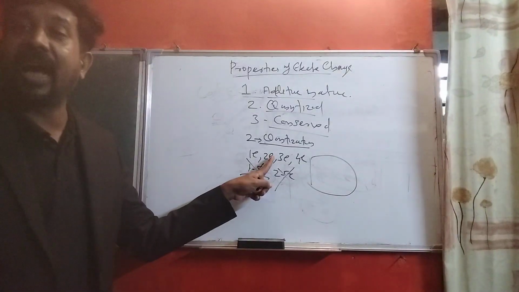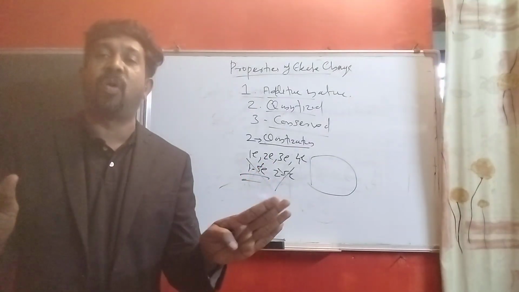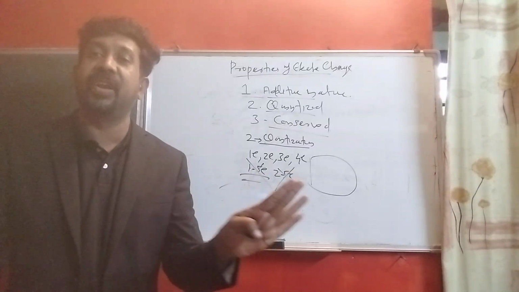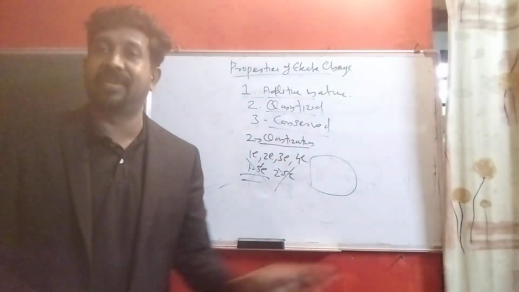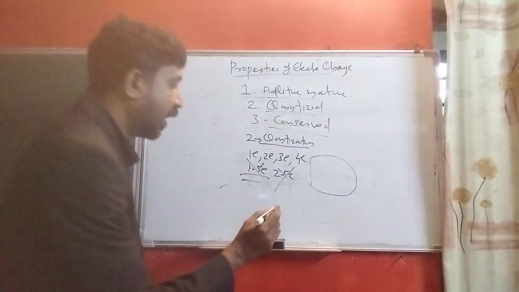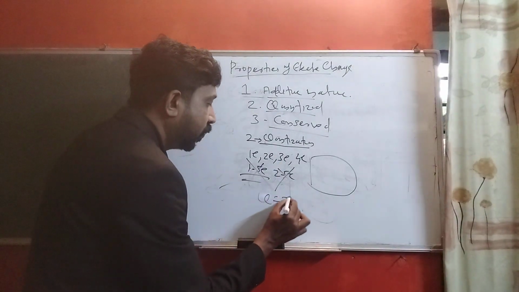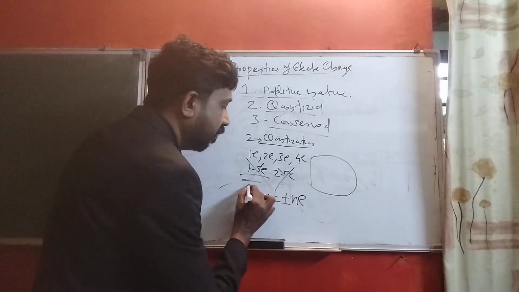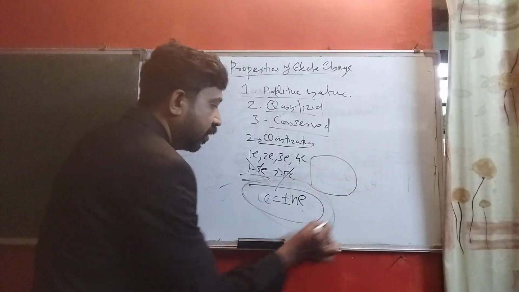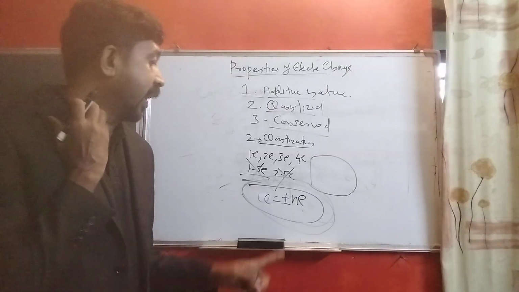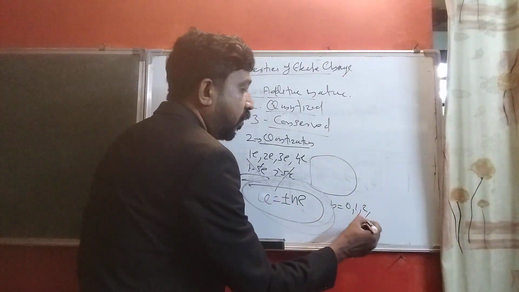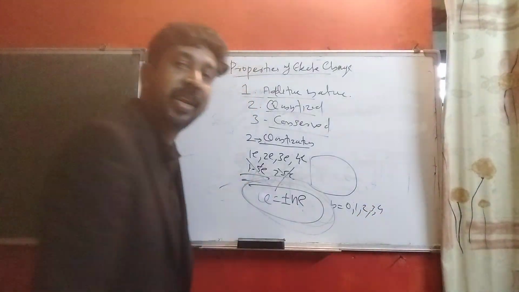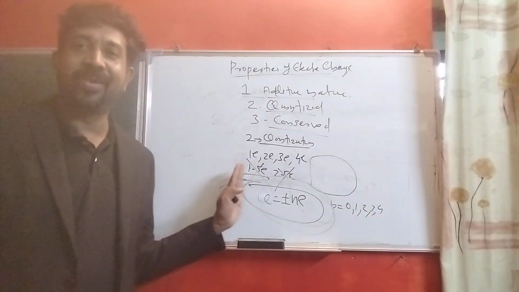And this electronic charge may be the charge of a proton or the charge of an electron. Therefore, this is called the quantization of electric charge. This may be written as Q is equal to plus or minus ne. Very important property. Q is equal to plus or minus ne, where n is equal to 0, 1, 2, 3, 4, etc. Clear? Got it?